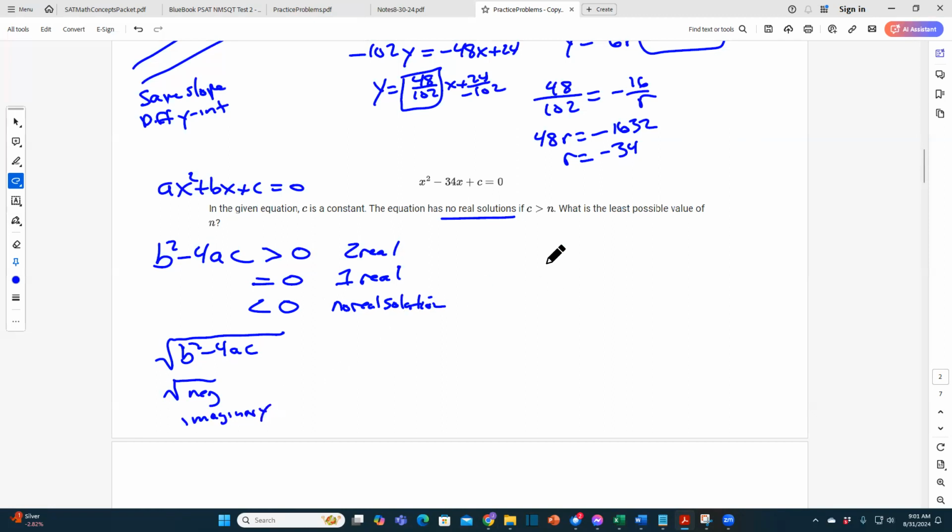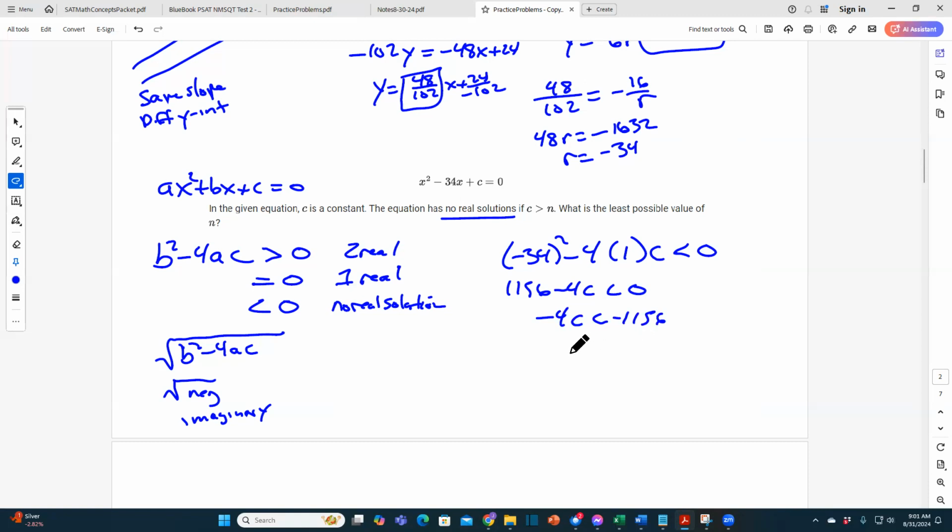Okay. So here we want negative 34 squared minus 4 times 1 times c, that'd be less than 0. 34 squared is 1156. Okay, so we got 1156 minus 4c less than 0. Subtract 1156 from both sides.